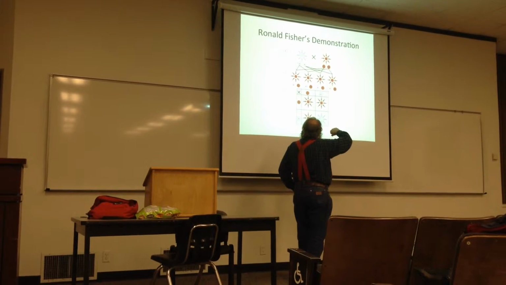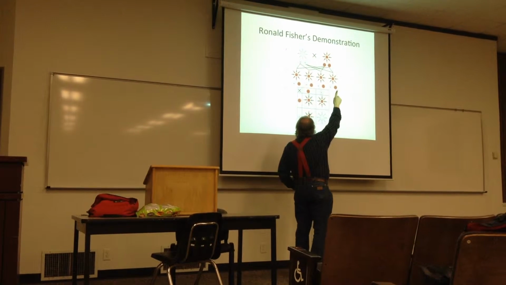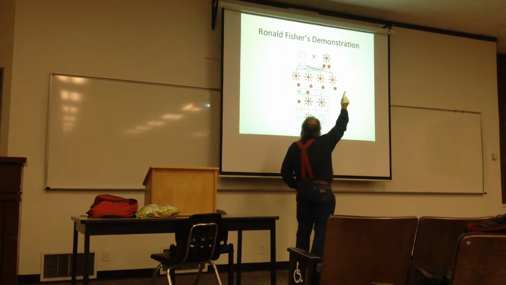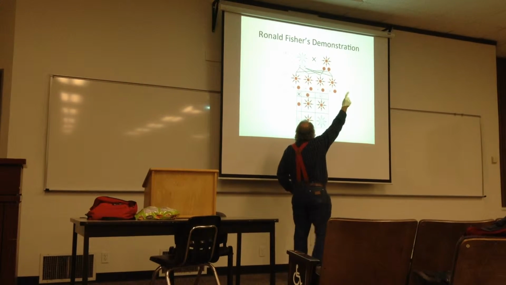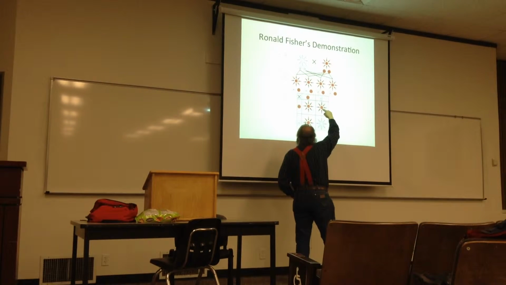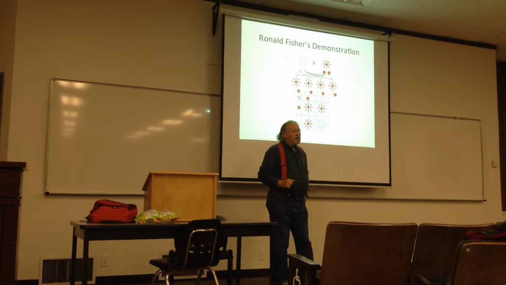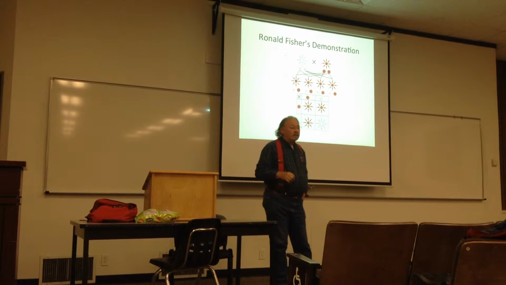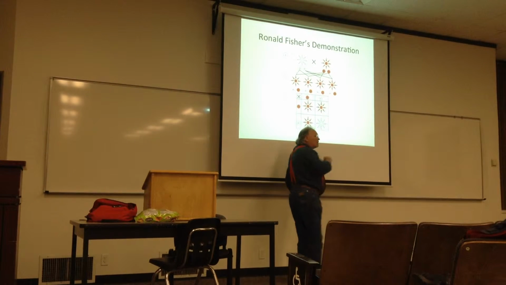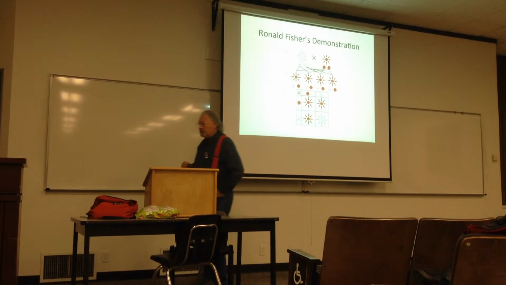And half of the time, each one of those parents will have a red allele that will pass on. So red and red, you get red. Red and white, you get red. White and red, you get red. White and white, you get white. About a quarter of the time, you get that bush, or recessive, we call it, as opposed to the red, which is dominant.